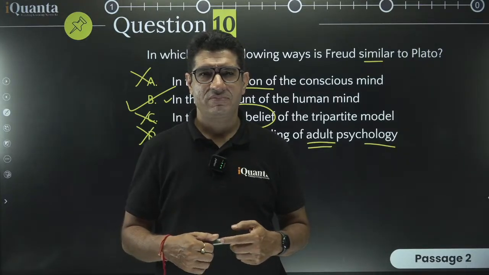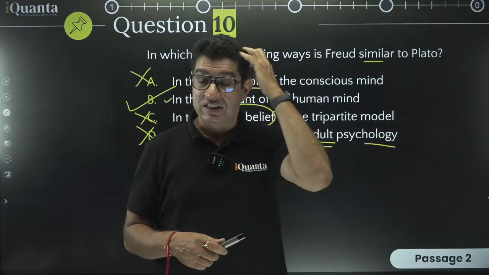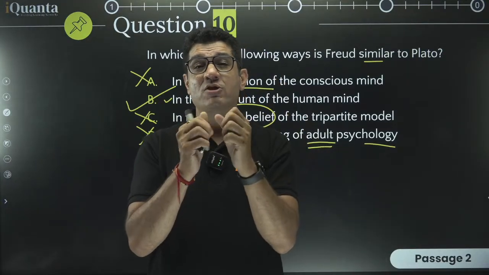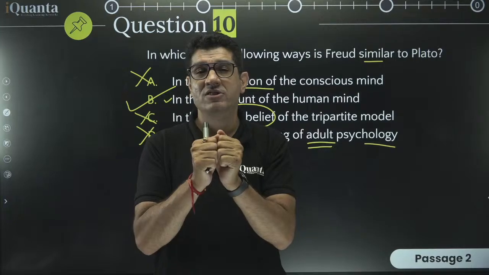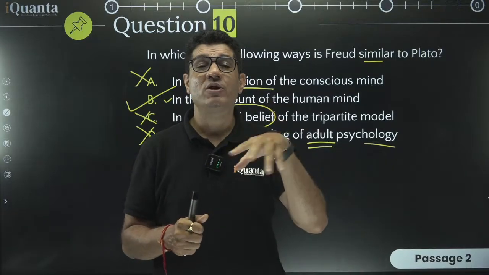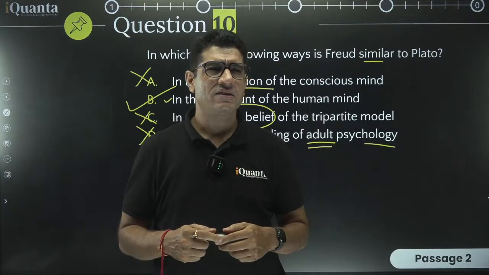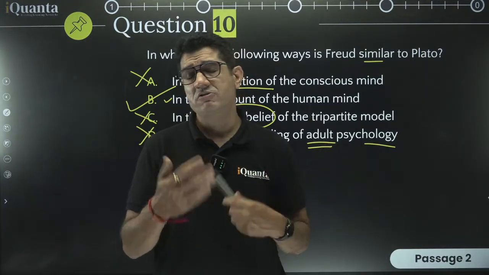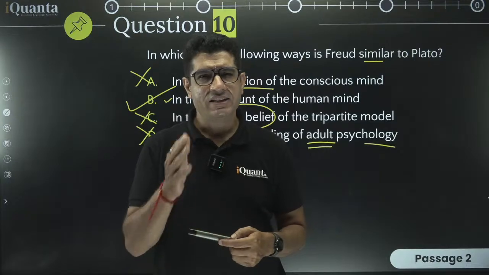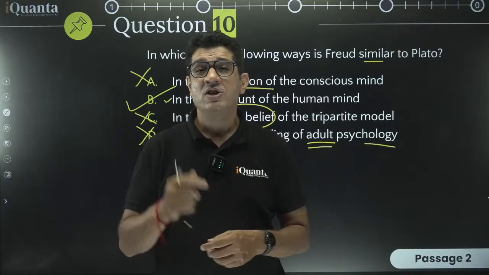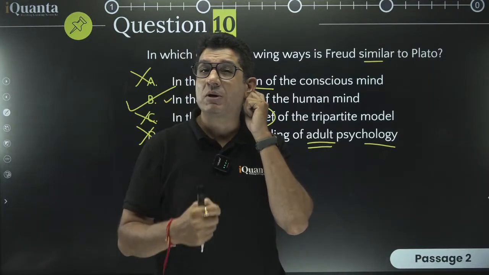So that part of your brain which can kind of control that instinctive impulse, those urges, is ego. And then superego is your conscience. Superego is that part of your brain that is linked with your value system, that tells you whether something is right or wrong. So ego basically comes in between these two.